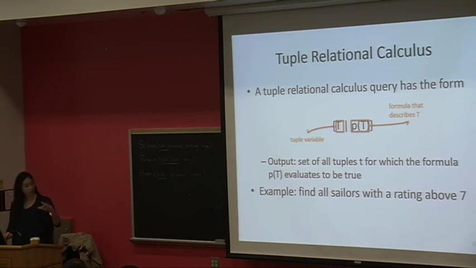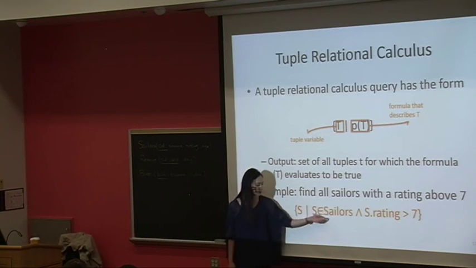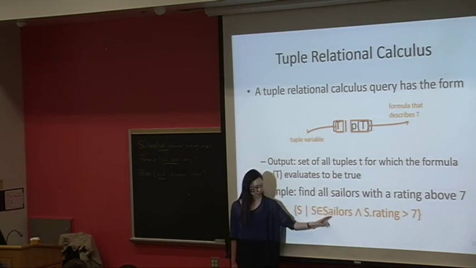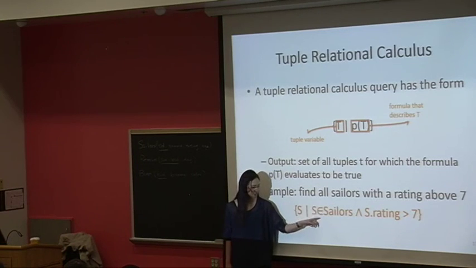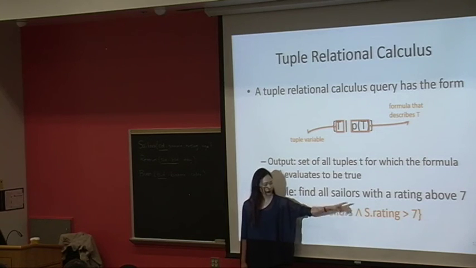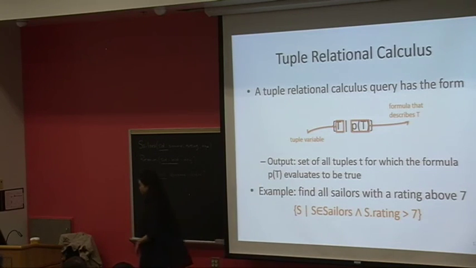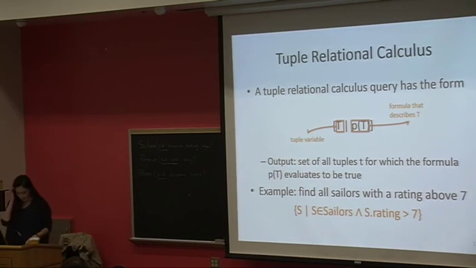If we put S as the tuple variable, what do you think will go on the right-hand side? S dot rating is greater than 7. Exactly. So this is a bit trickier. You want to say S is in Sailors. So S we denote as tuple, okay? And this is the in symbol. So for S in Sailors, and the tuple's rating will be greater than 7. So that's how we will write it for tuple relational calculus.